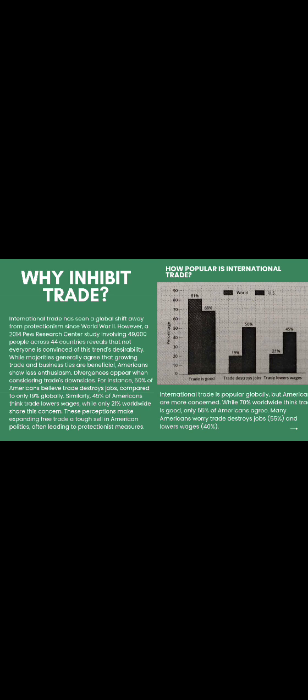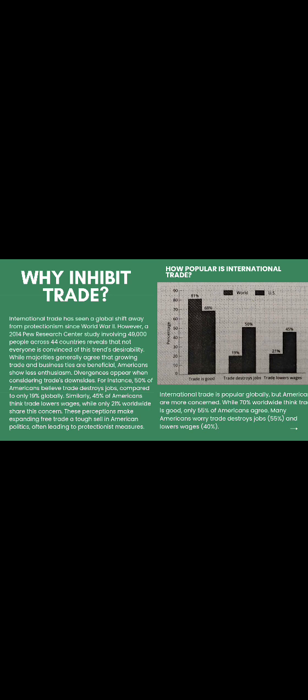While majorities generally agree that growing trade and business ties are beneficial, Americans show less enthusiasm. Divergence appears when considering trade's downsides. For instance, 50% of Americans believe trade destroys jobs compared to only 19% globally.